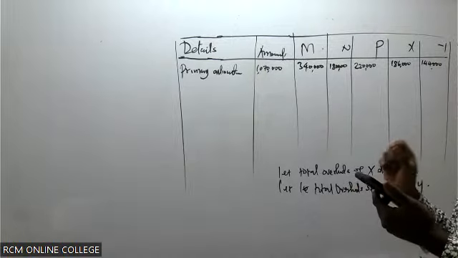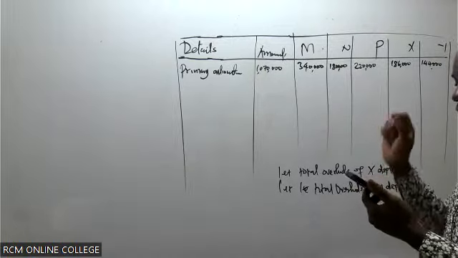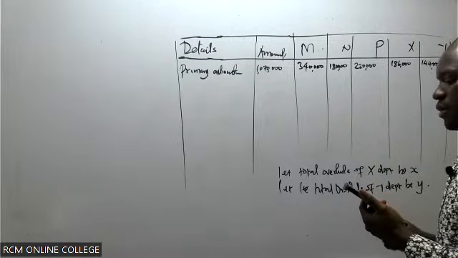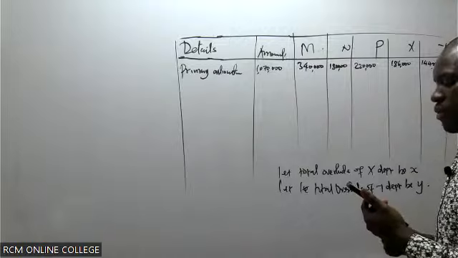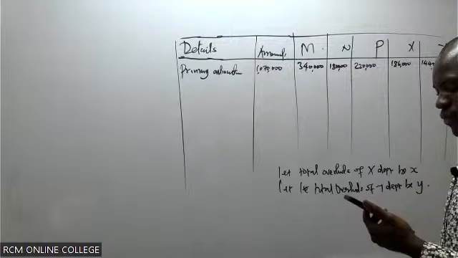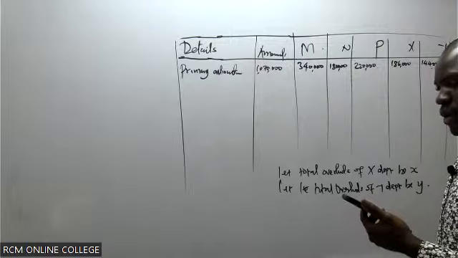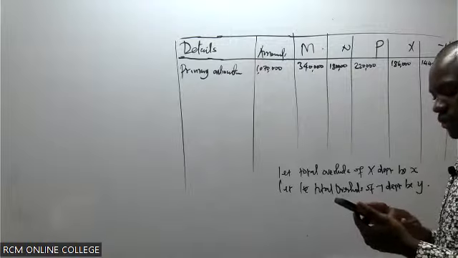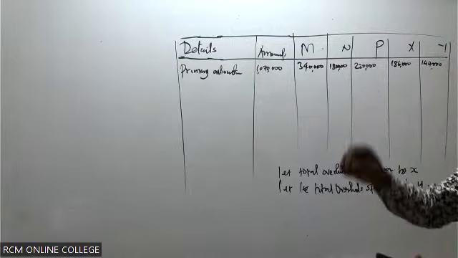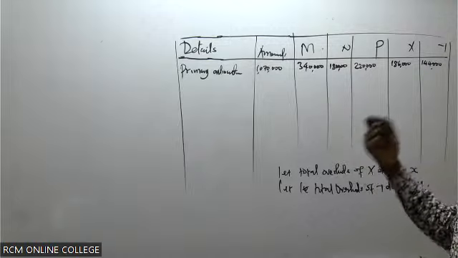In terms of percentage, how much is X giving to Y? X is giving out 15% of its total to Y.